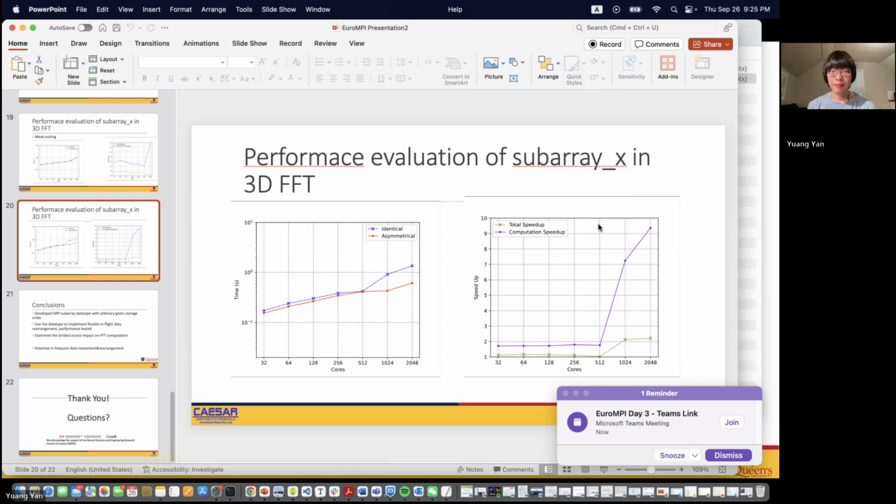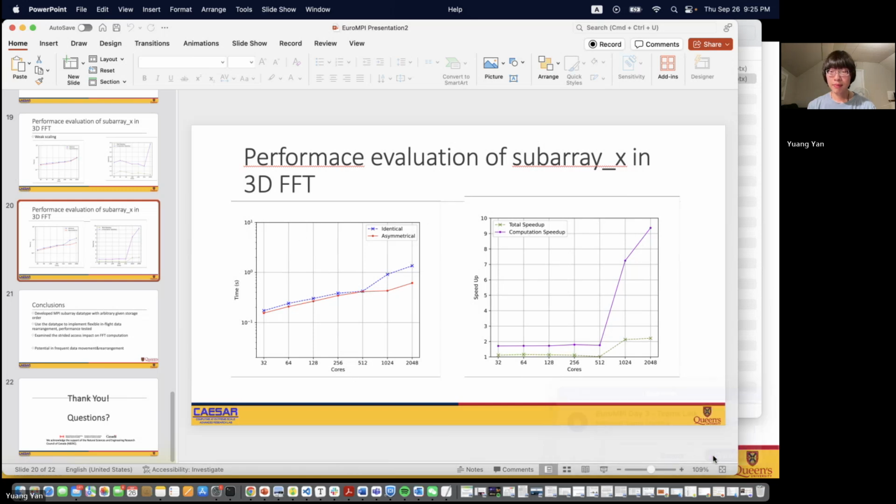Online, someone? If not, I have a question. We have 5 more minutes. On this slide, do you have an intuition on why the computation speedup increases so much in the end? Is that because of better cache use? Because this is strong scaling, right?